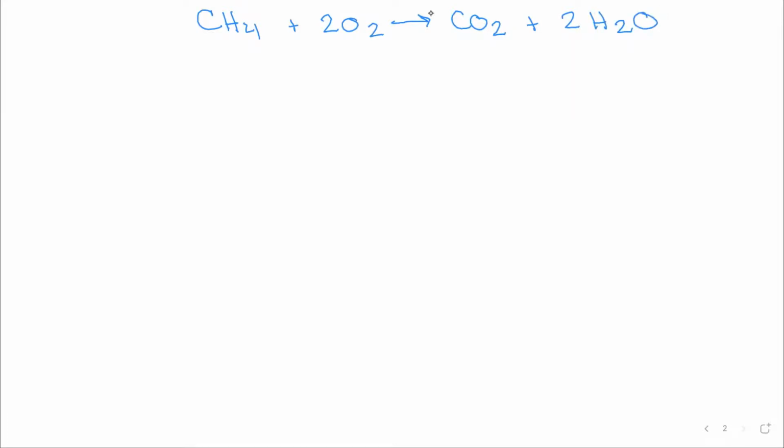Now I want us to think about, what if I said I wanted to react 10 grams of methane, and I wanted to know how much carbon dioxide would I be able to produce?